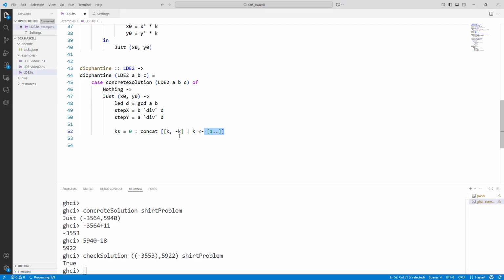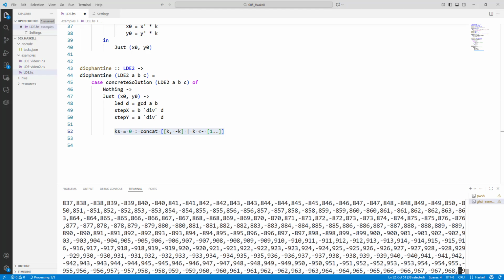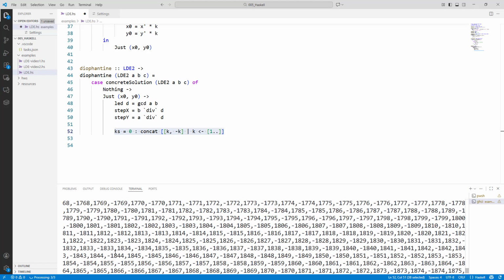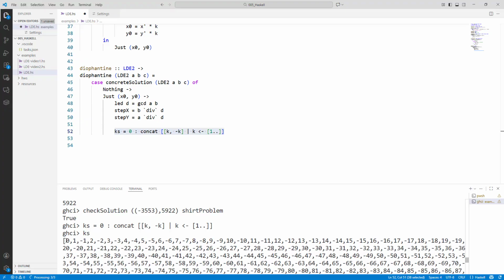So if we take 7, it makes a pair of 7 and minus 7, concatenates it into one big stream and puts a 0 into it. Let's actually try this one. Okay, yes, this is what happens. See, it put 0 and then it started 1, minus 1, 2, minus 2, 3, minus 3.